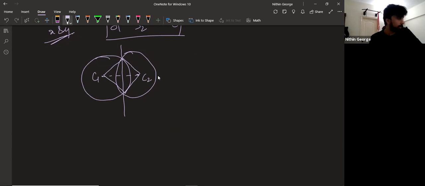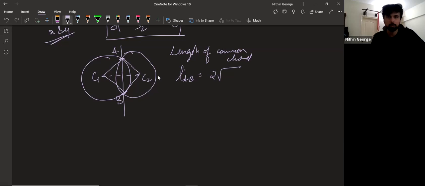We have to find the length of the common chord. What do I mean by length of common chord? They meet at points A and B. The length AB is what I'm talking about. Okay, length of AB.